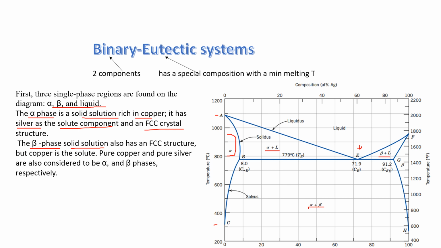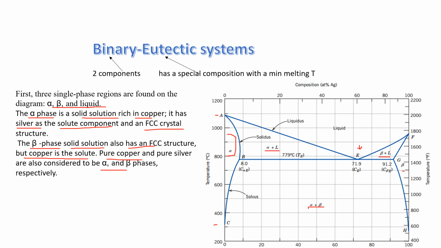From point A to C is the alpha region; the curve A, B, C is the alpha region. The beta phase solid solution also has an FCC structure, but copper is the solute.